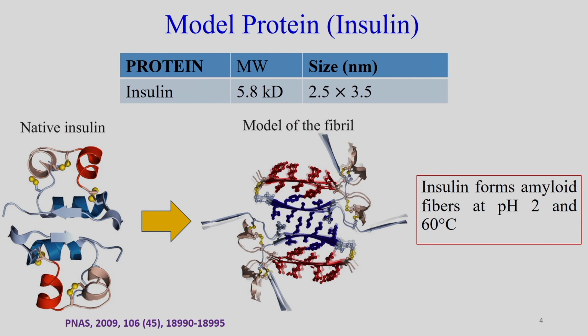So, we have chosen insulin. Insulin is a small protein of 5.8 kilodalton, and its size is about 2.5 by 3.5 nanometer. Insulin contains two chains. Let us say this is the A chain and this is the B chain. The A chain length is 21 amino acids, and the B chain length is 30 amino acids.